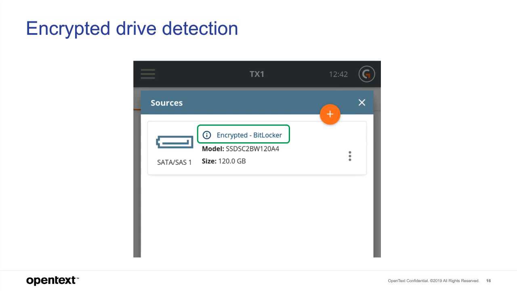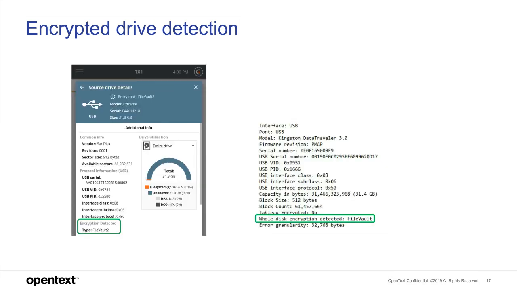We'll also show you this information in the header section of the drive details screen. Finally, the TX1's forensic log will always contain any detected encryption types.